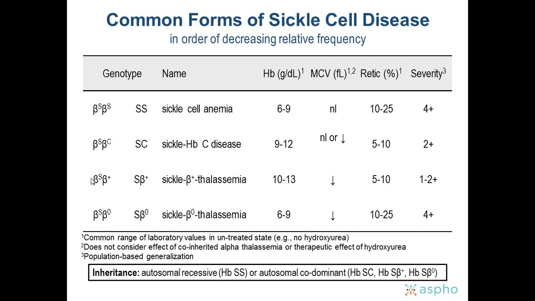In between, we have the compound heterozygous states, SC and sickle beta plus thalassemia, with less severe anemia. Anything with thal in the name is a clue for low MCV. The SCs and the S beta plus have less severe anemia and less severe reticulocytosis, but overall the severity is decreased.